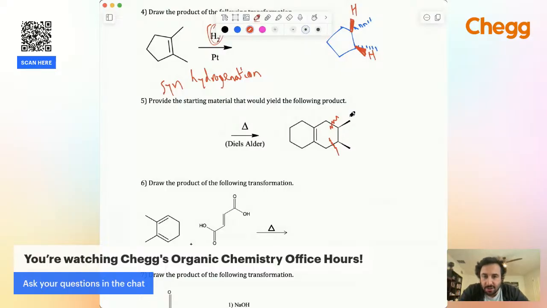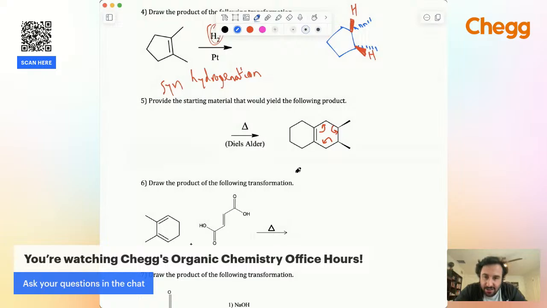So, okay, I'll get rid of the squiggles there. So this sigma bond can go there, this pi bond can go there, this sigma bond can go there. And this isn't in the forward direction. I'm undoing the activity of electrons that went in the forward direction in order to go backwards.